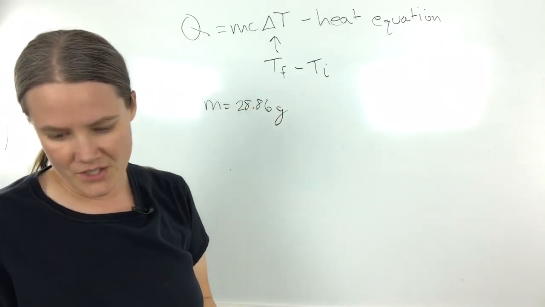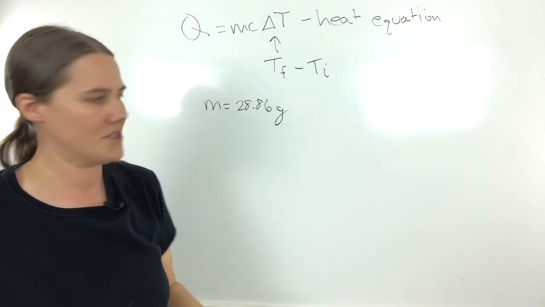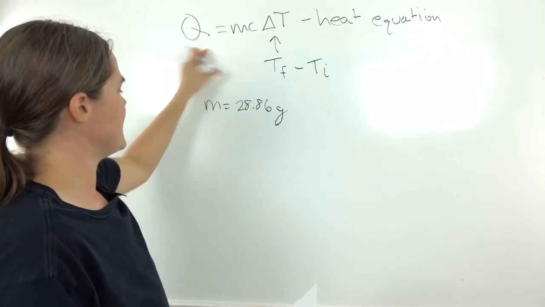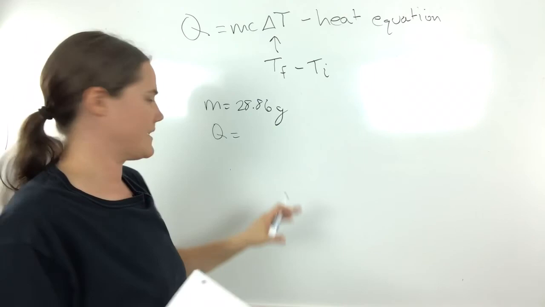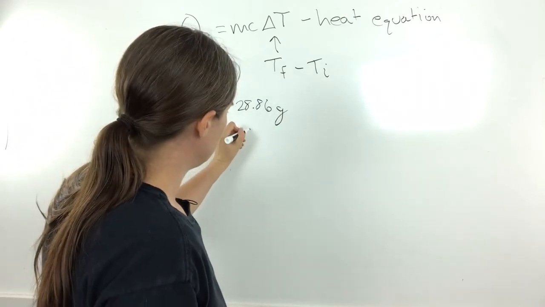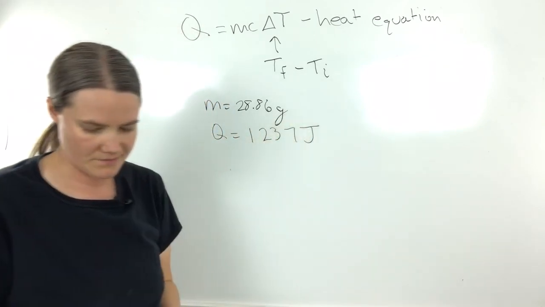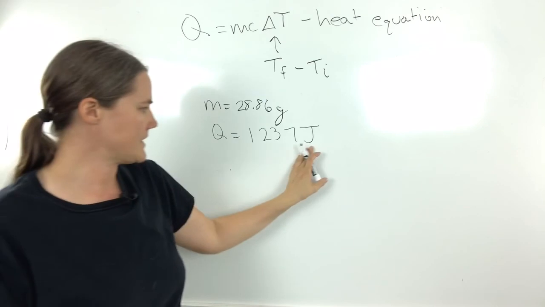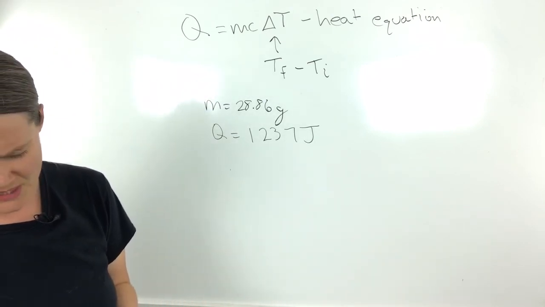Continuing to read, after absorbing 1237 joules of heat, and Q is the heat, so we write down Q is equal to 1237 joules. And remember, joules is a unit for heat.